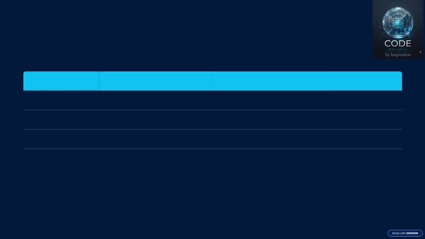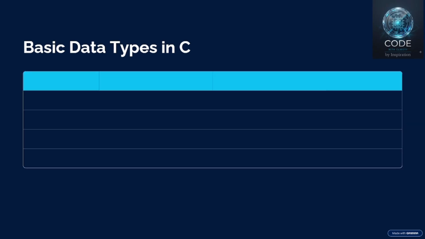What are the basic data types in C? There are 4 basic data types. First is int, which is used to store whole numbers. For example, 20. Second is float. It is used to store decimal numbers. For example, 80.5, 85.5 marks. Third is double. Double is used for high precision decimal values.